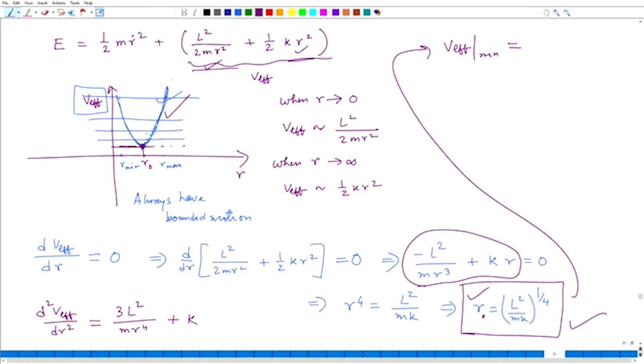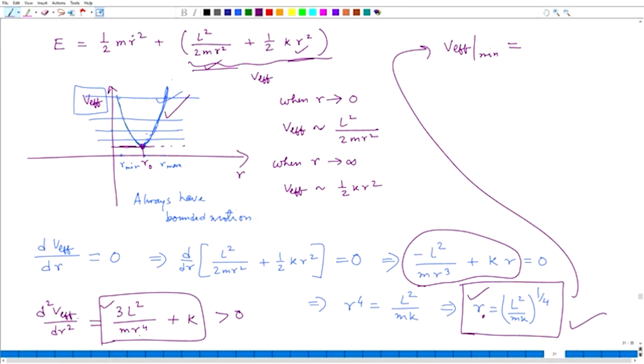Now, you see that this is always positive. You do not have to even check the value of r at this point, because r to the 4 is always positive, and that is why V effective will only have a minimum here at this point of R0.